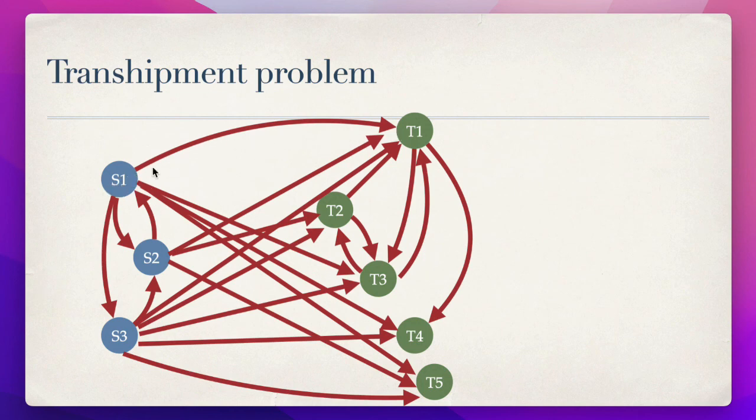So you see this line, the amount of commodity shipped from S1 to T1, you sum it up with the amount of shipment from S1 to T3, S1 to 4, S1 to T5, and S1 to S2, S1 to S3, subtracted by S2 to S1, must be 0, because we have to satisfy the material balance here, right?